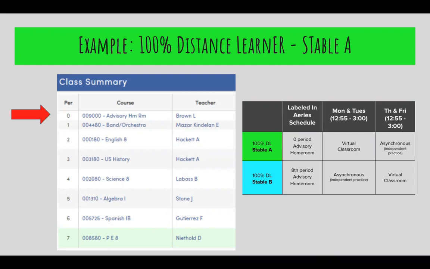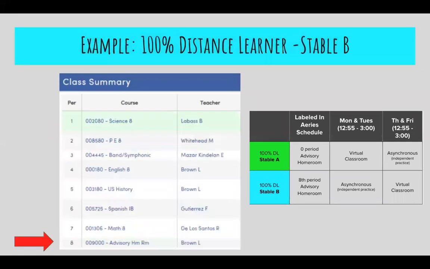Therefore, this student is a 100% distance learner stable A. However, look at this example. This student's schedule says 8th period advisory homeroom. Therefore, this student is a 100% distance learner stable B.